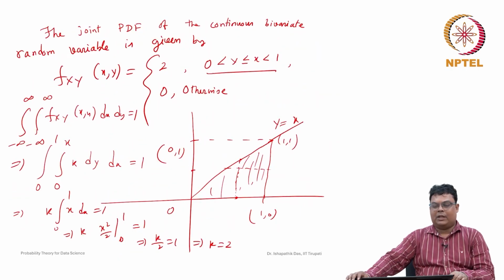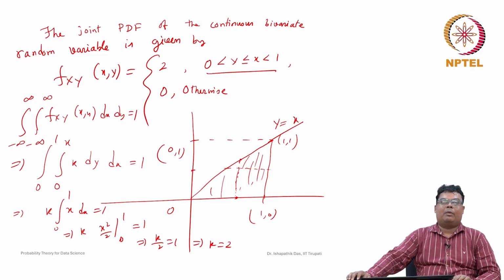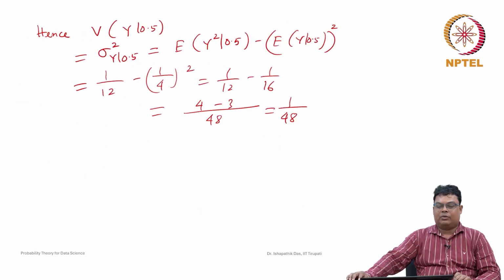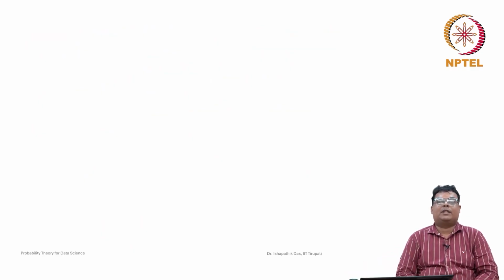So this is how to find the conditional mean and conditional variance for a bivariate continuous random variable, when for one random variable, x or y, some value is given. We can find the conditional mean of x given y equal to some value y, or the conditional mean of y given x equal to some value x, and also the respective variances. So I hope you have understood clearly.